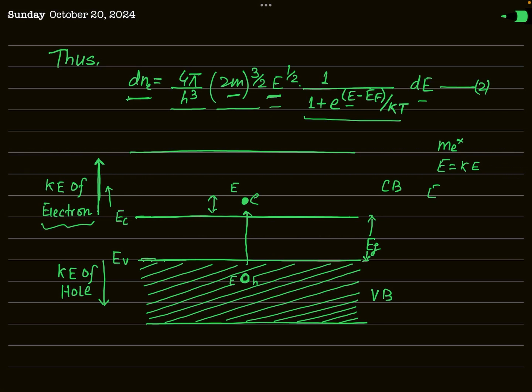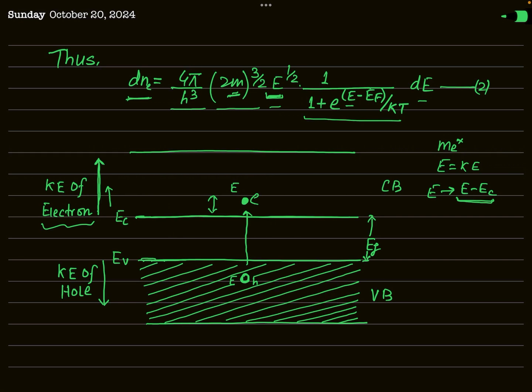So instead of E, now we will write E minus E_C, which will represent the kinetic energy of the electron in this conduction band when its total energy is E. So you have to make two differences. m will be replaced by m_e*, and this E on which the power is half will be replaced by E minus E_C. Actually, E_C is the energy of the electron at the bottom of the conduction band.